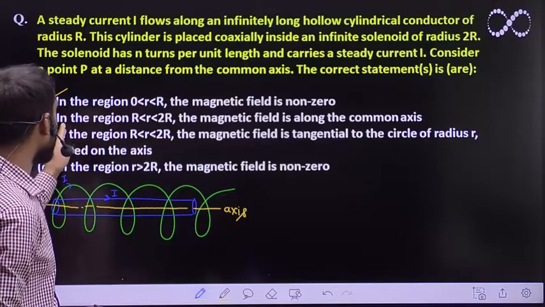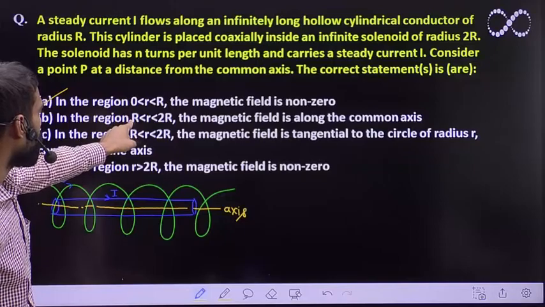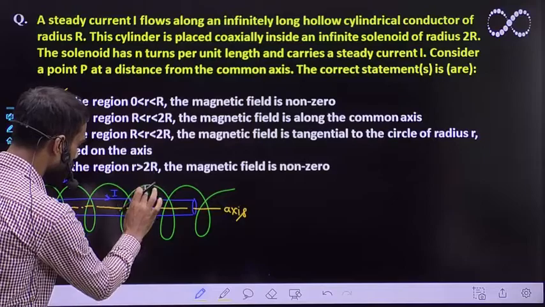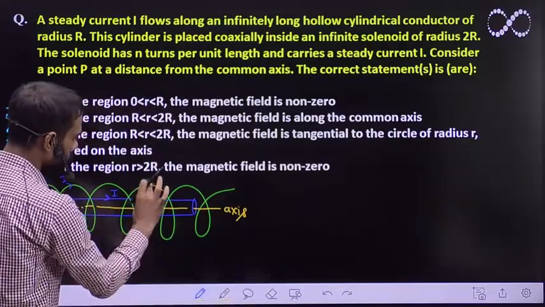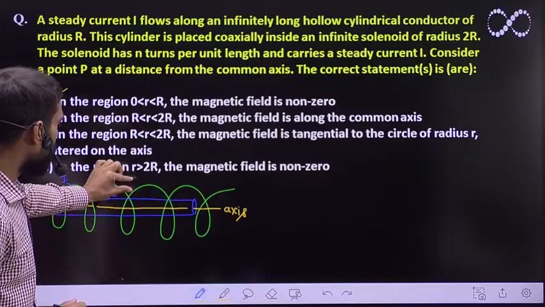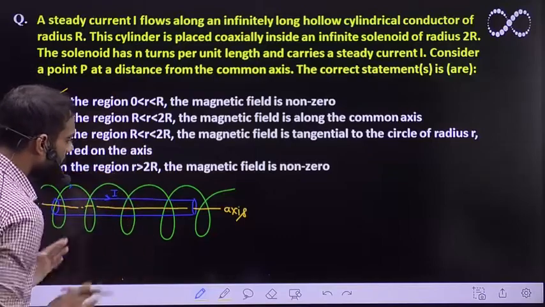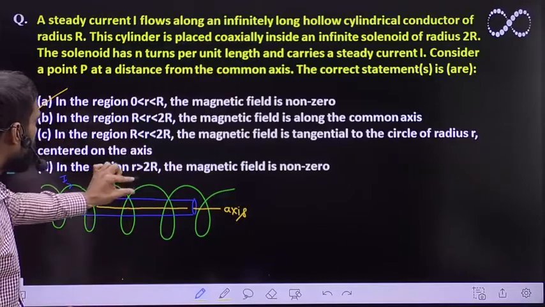Let us see option B. In the region r greater than capital R and less than 2R, it is talking about this region. In this region you will get the magnetic field due to both the cylinder and the solenoid, so there will be some magnetic field here.